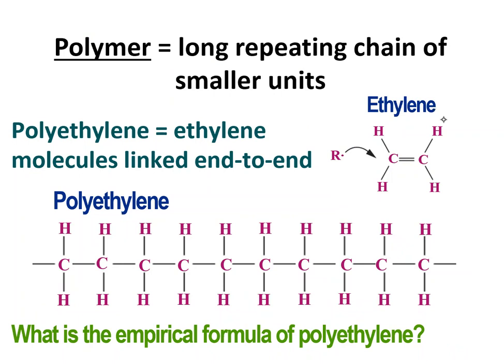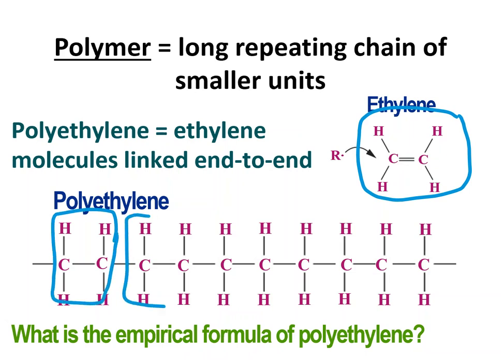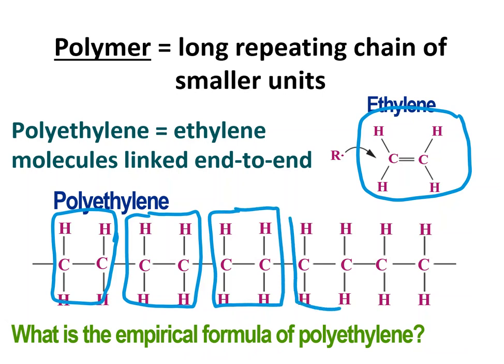This compound can do a reaction so that it's connected. It loses its double bond, but these units are connected together in a long chain. When you think of polymers, think of plastics. This is ethylene, so we call this polyethylene.